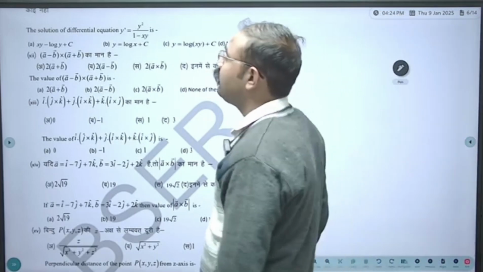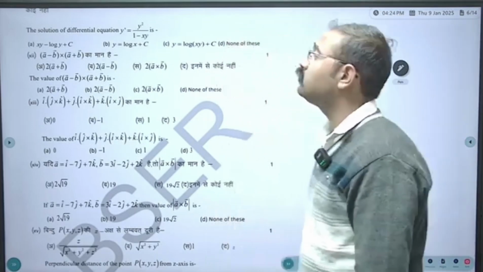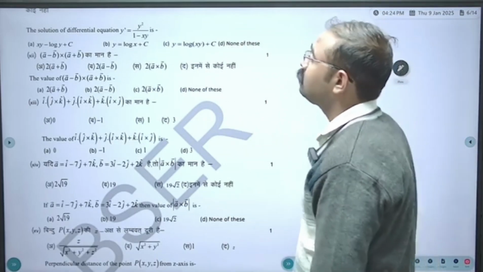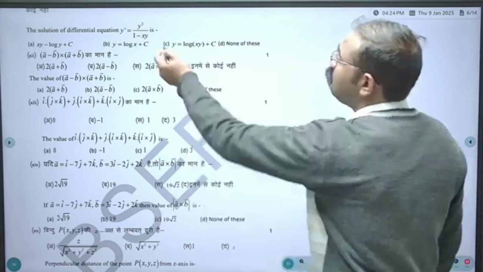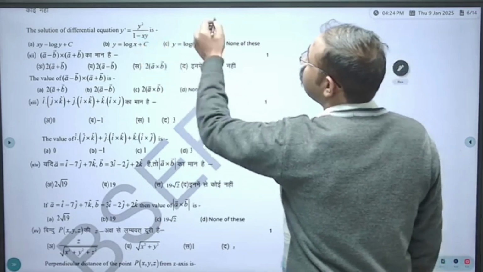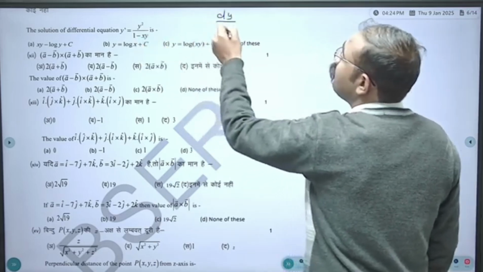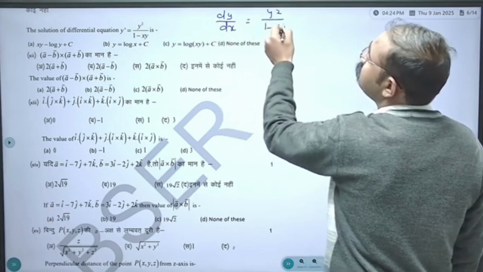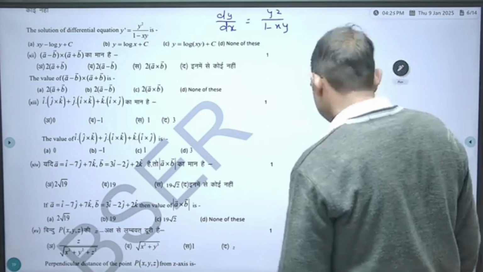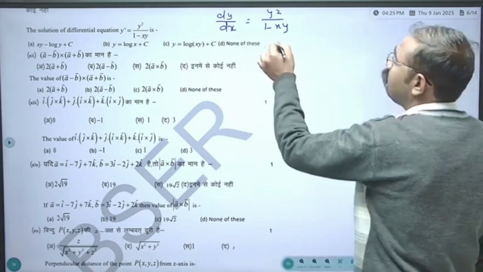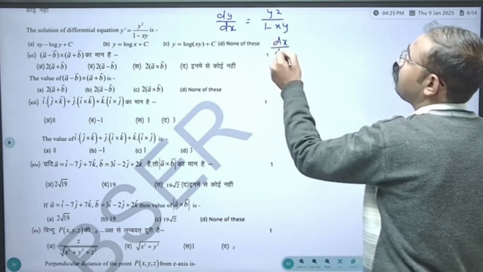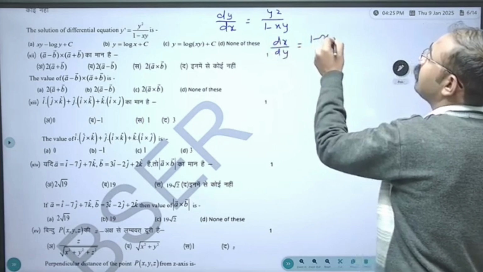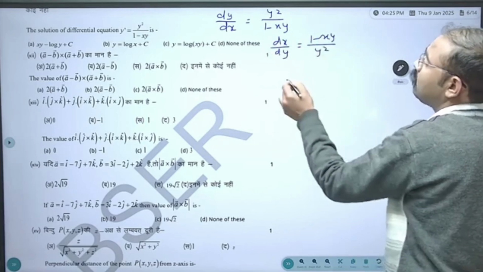Next is the solution of the differential equation y dash is equal to y square upon 1 minus xy. We have to find the solution of this differential equation. Y dash I can write as dy by dx is equal to y square upon 1 minus xy. By reciprocal, dx upon dy is equal to 1 minus xy upon y square.